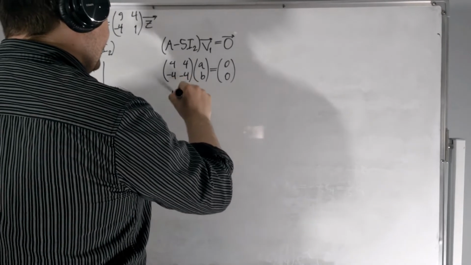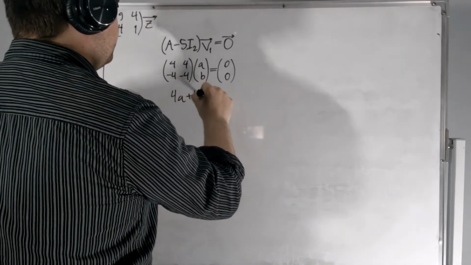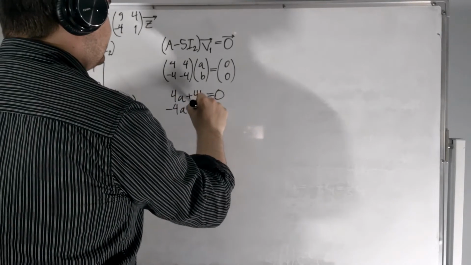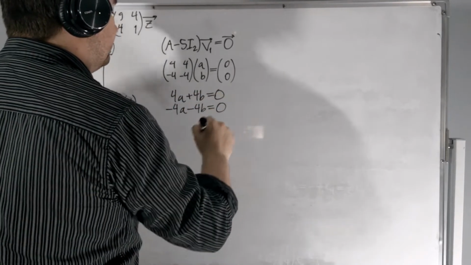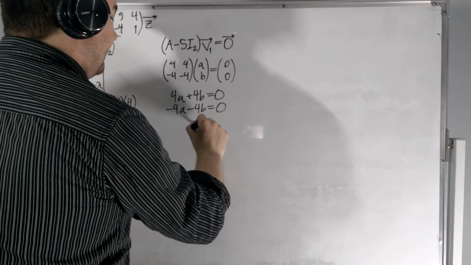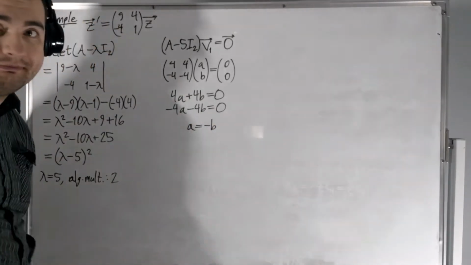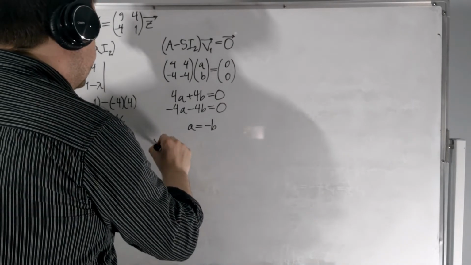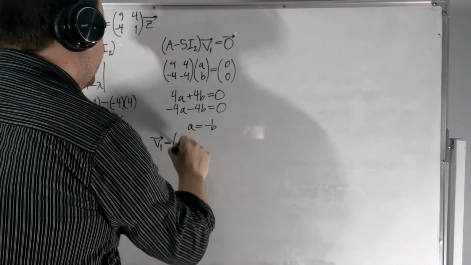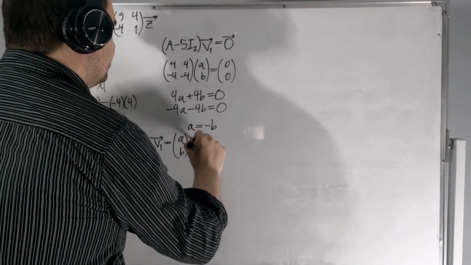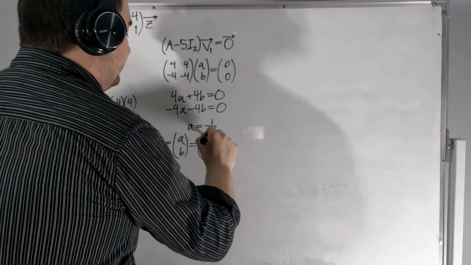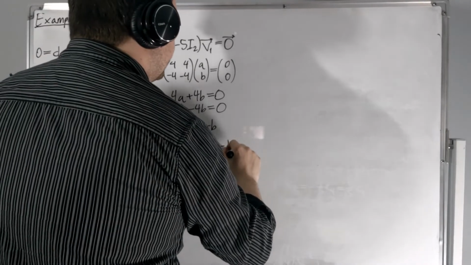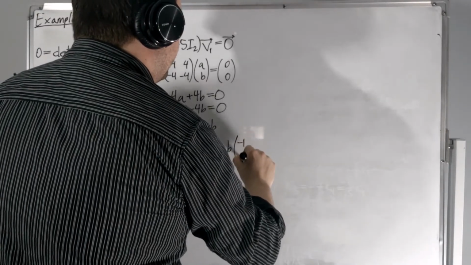So we have 4a plus 4b equals 0, and negative 4a minus 4b equals 0. This makes it pretty clear that a has to be negative b. Okay? So the eigenvectors, they all look like a, b. But if a has to be negative b, then that would just be negative b, b. So this would just be scalar multiples of negative 1, 1.